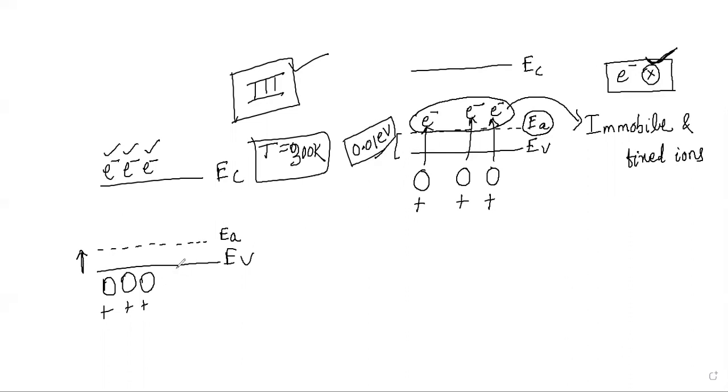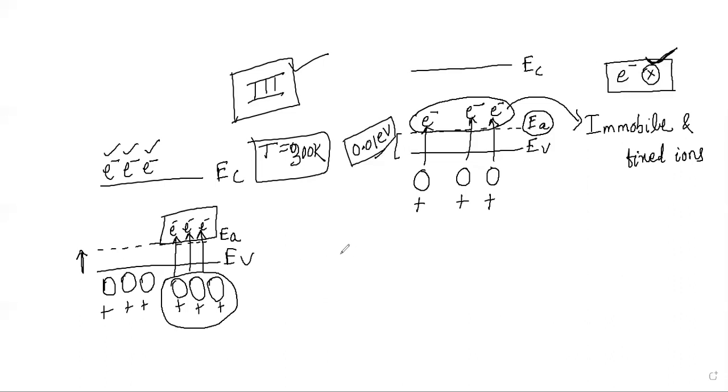So electrons moved from the valence band to these acceptor states. That's why you created a larger concentration of holes in the valence band. And you got the ions over here. These negative charges are now immobile and fixed ions. They will not contribute to conduction, but these additional holes that you created in the process of doping with trivalent impurity of the intrinsic semiconductor will.